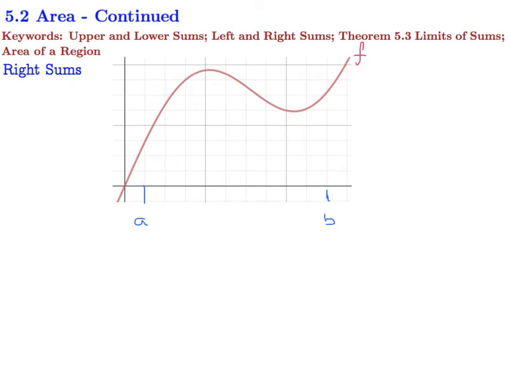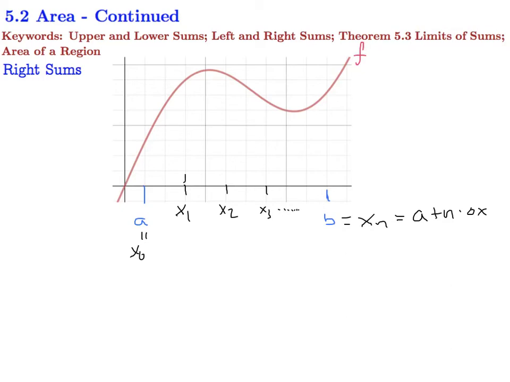So let's look at what I've done so far. Again, this first starting point will be x0. Then I've got another point x1, another point x2, another point x3, all the way until I get to my final point at b, which is also called xn, which will be a plus n times delta x when I've moved over all the way to the end. From this, I can now figure out the height of any rectangle.